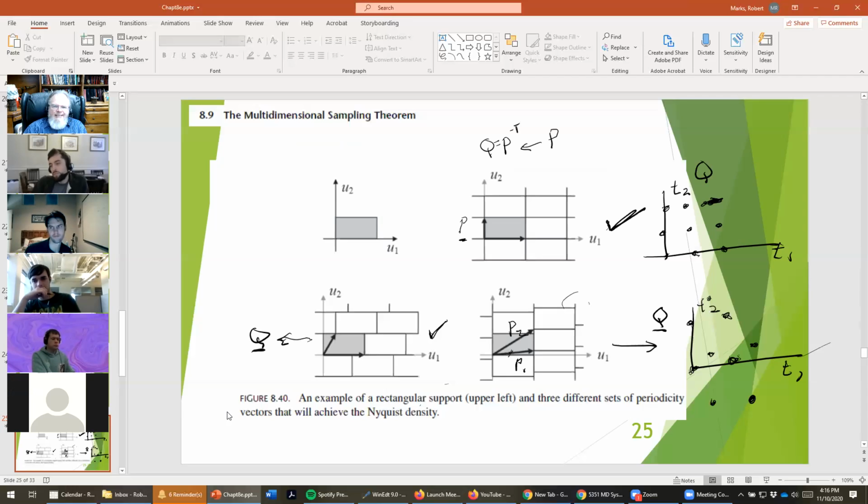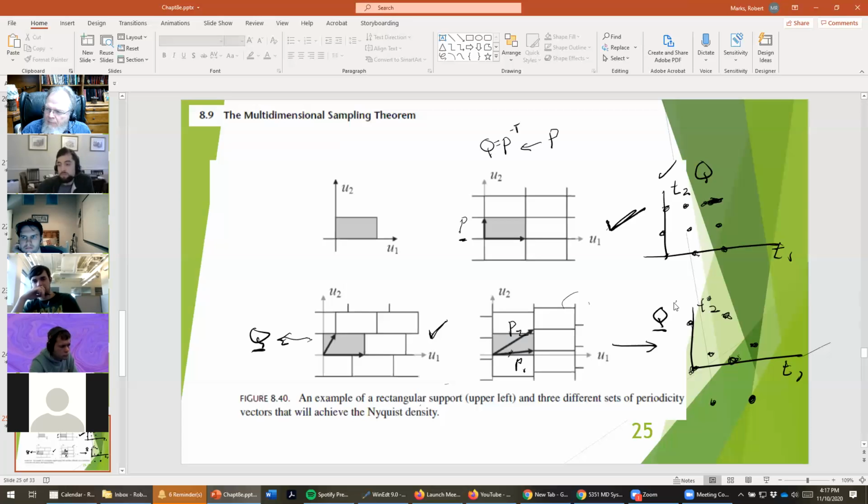So the point is, and here's the bottom line, for a given support for your zeroth order spectrum, there are a number of different ways to sample at the Nyquist density. Each one of these has the same Nyquist density. You can sample in this rectangular way.